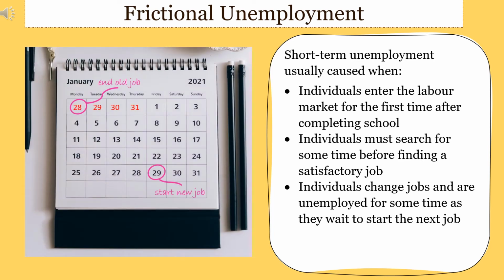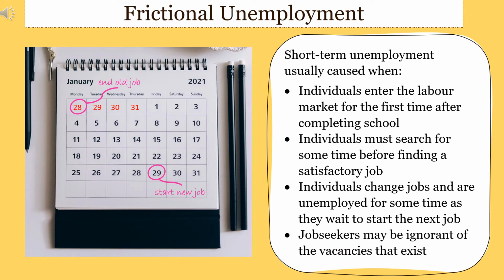This person plans to end their job on December 28th and start a new job on January 29th. So in the month or so that this person is between jobs, they are going to be considered frictionally unemployed. And finally, there could be a case where people are just unaware of vacancies that exist and so they don't apply for them.